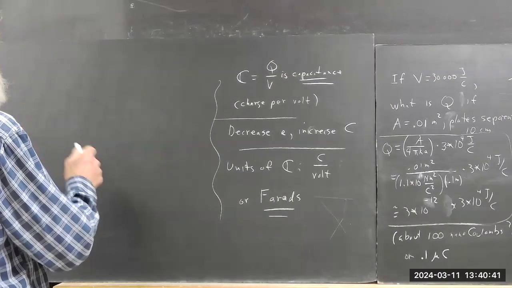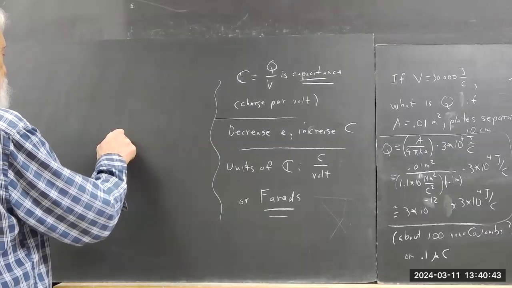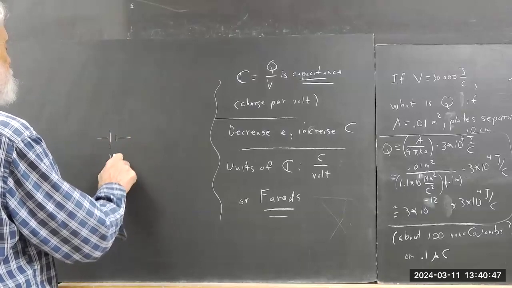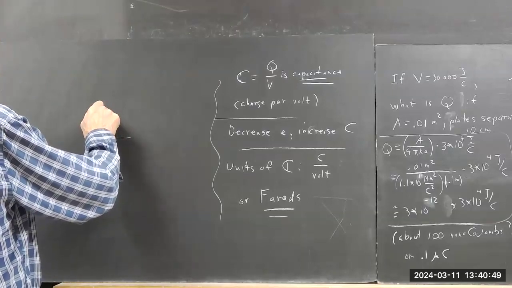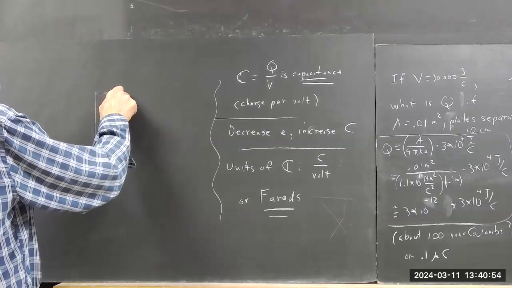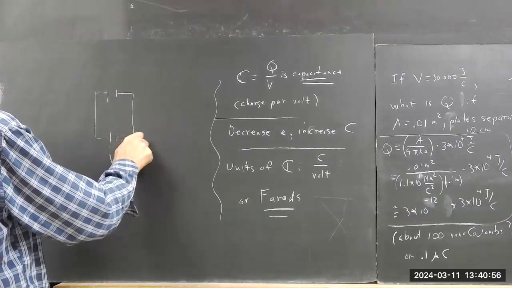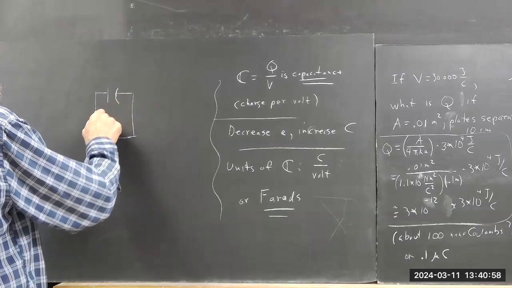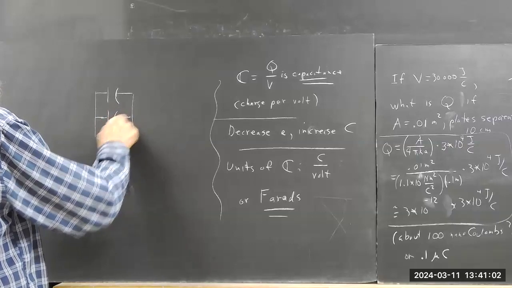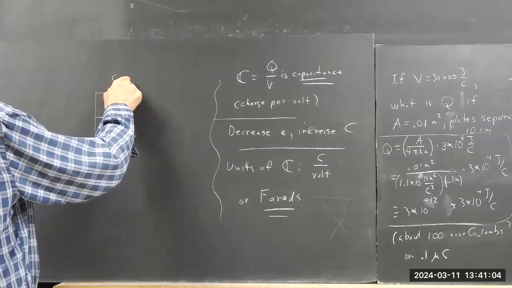So let's just say we've got a source here. Source of voltage. And we have two capacitors.